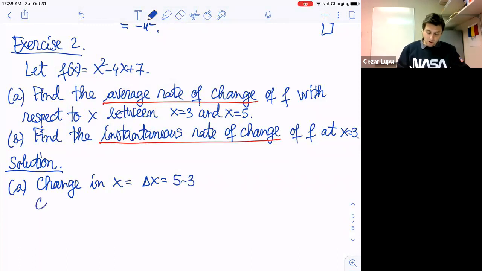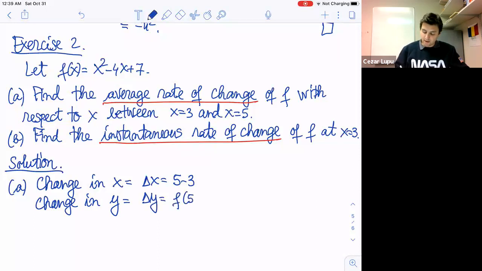And the change in y is delta y, and this will be nothing else than the function f evaluated at 5 minus the function f evaluated at 3. Basically, it's just the difference between f evaluated at those 2 values, right? Well, it's quite clear now what to do.